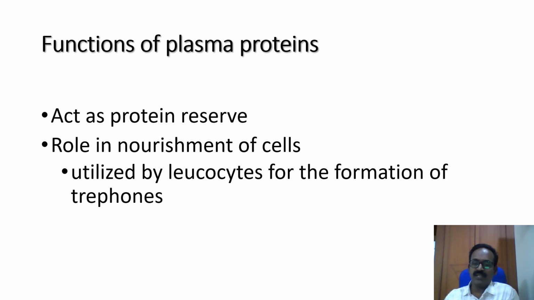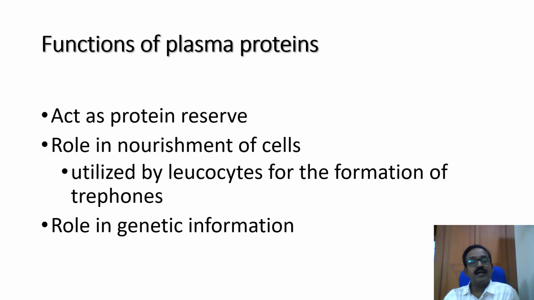You will read in microbiology, when studying cell culture, that plasma protein acts as nourishment by utilizing the leukocyte for the formation of the trephone. Trephone is used for the development of cell culture. It also plays a role in genetic information. To study population genetics, we can assess from the study of the plasma proteins.